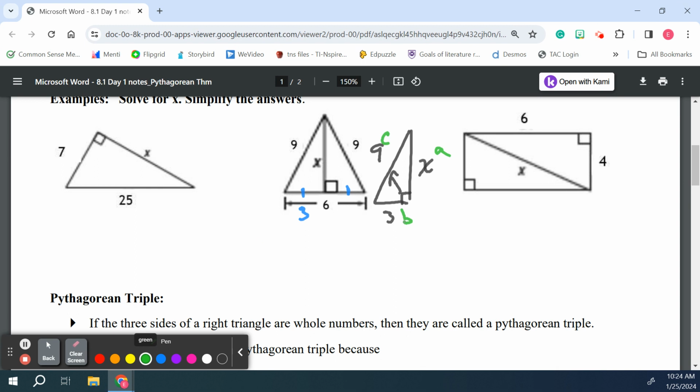Substituting that in, this will be x squared plus 3 squared equals 9 squared. Someone tell me, what does x equal? I want you guys to solve for that.